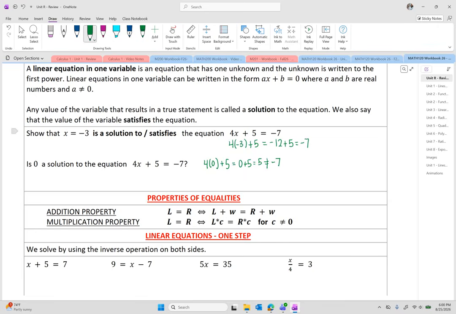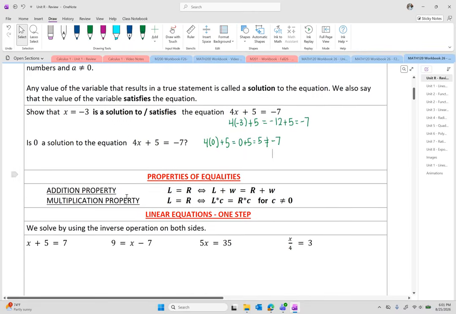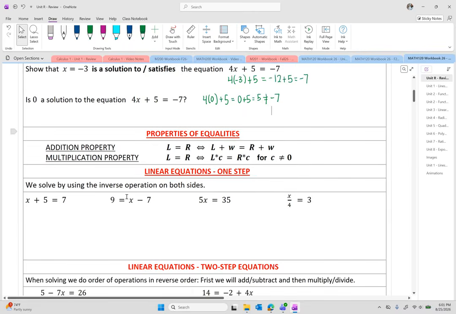So instead of guessing what could possibly be the value of x that satisfies the equation, we want to actually solve the equation. To solve the equation, we use the addition property and the multiplication property of equations. The addition property says that if you have an equation with the left side equal to the right side, you can add the same quantity, which could be negative, so you can also subtract the same quantity on both sides, and the equation will still be valid.